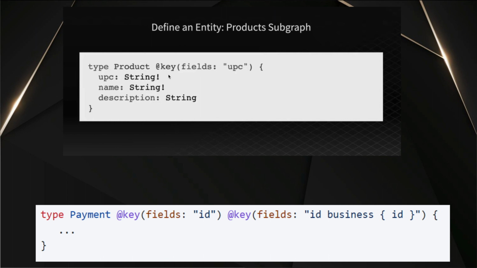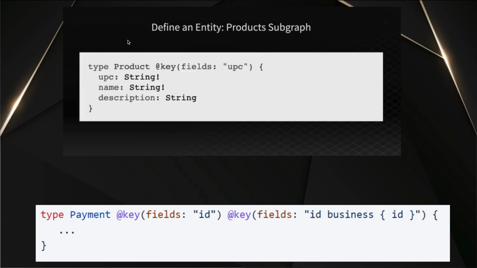That's not something you see in normal GraphQL. What this @key does is it says that the primary key for the product is UPC. And when you use the @key directive, you essentially create an entity.